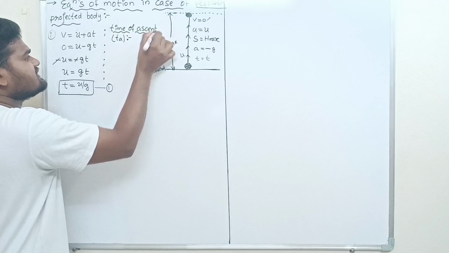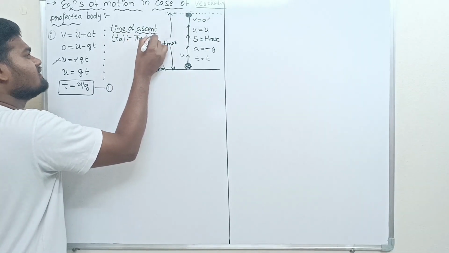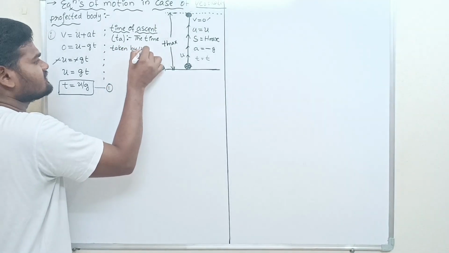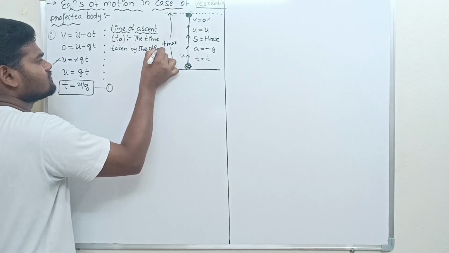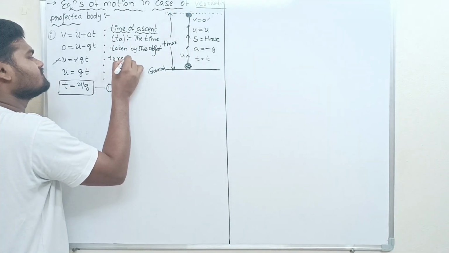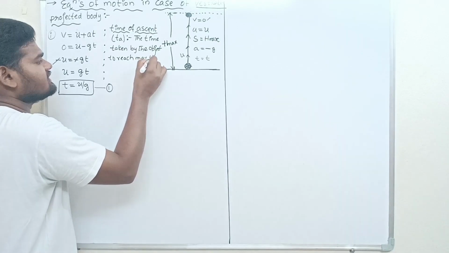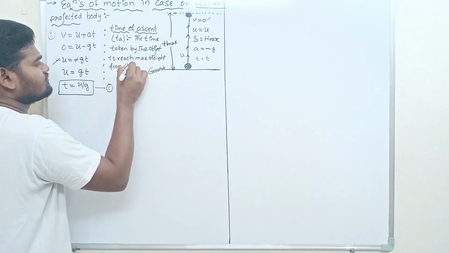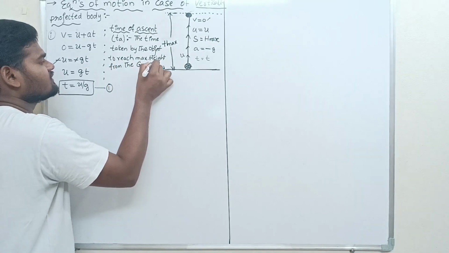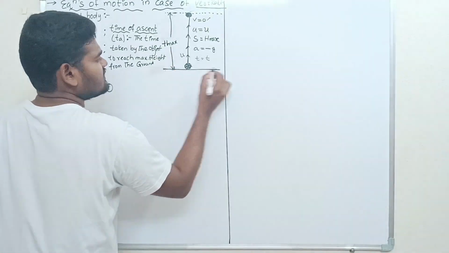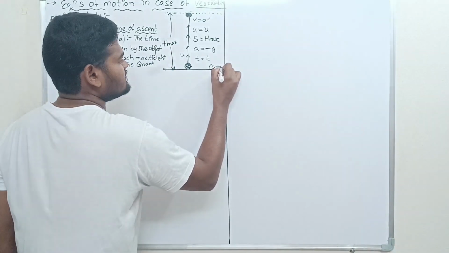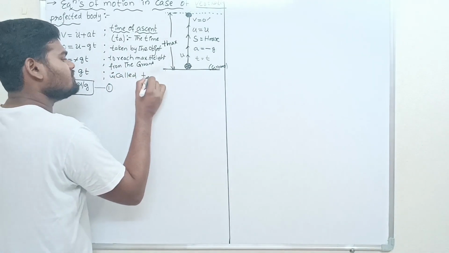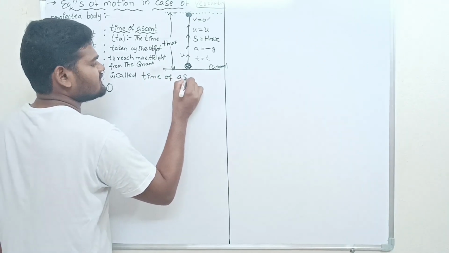What is the meaning of time of ascent? The time taken by the object to reach maximum height from the ground is called time of ascent.